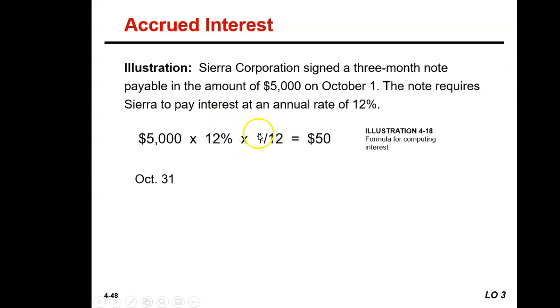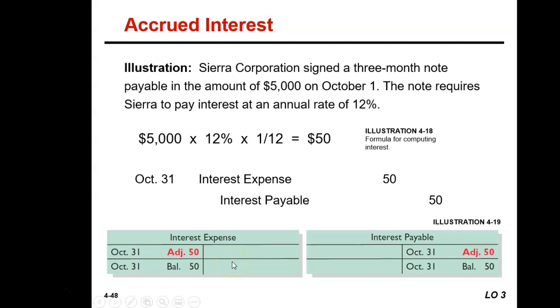We're looking at the time frame for just the month of October. So it's 5,000 times 12% times 1 divided by 12, which means the accrued interest by the end of October would total $50.